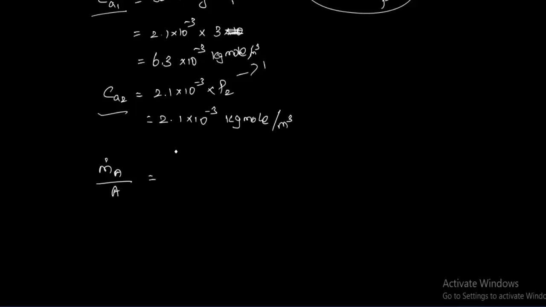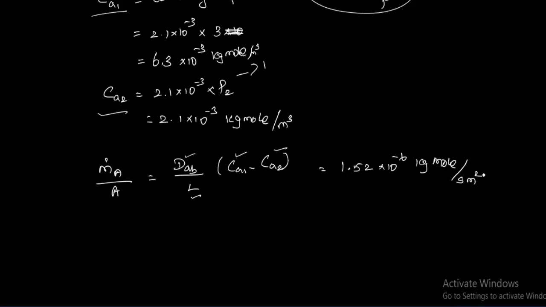You know the formula, DAB divided by L into Ca1 minus Ca2. Here you know the values of Ca1, Ca2, the diffusion coefficient is given in the problem itself, and the length value is also given in the problem itself. Substitute all the values, you can find out m dot A divided by A as 1.52 into 10 to the power minus 6 kilogram mole per second meter square.